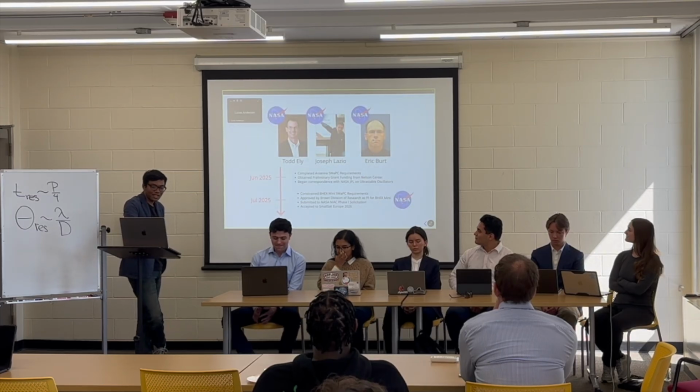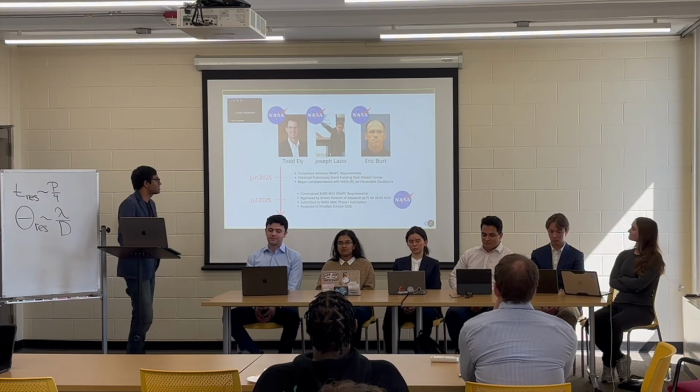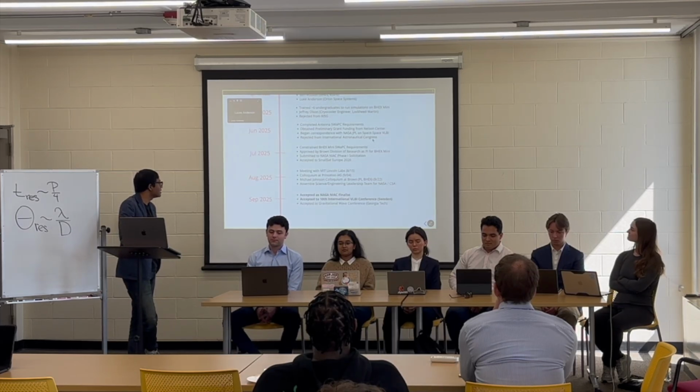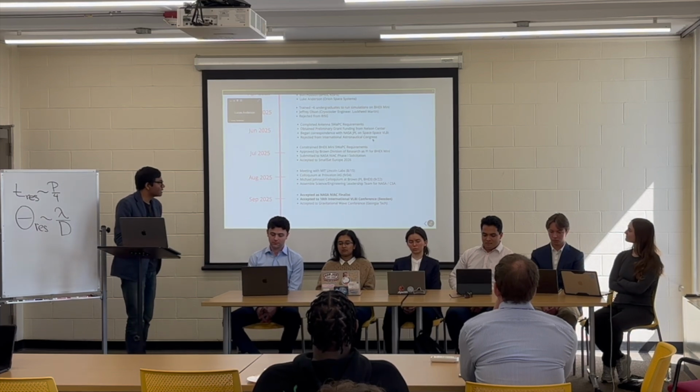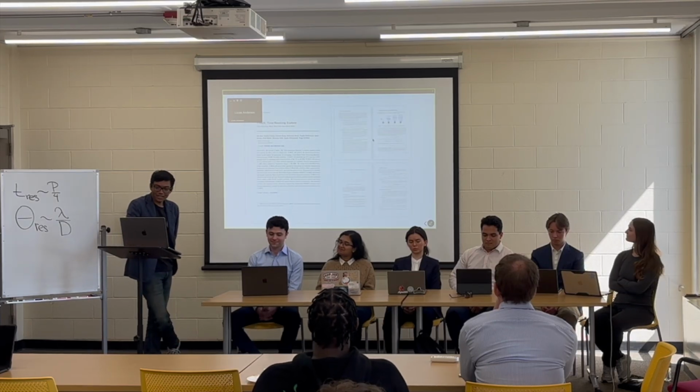But in June and July, we completed the antenna swap requirements and the swap requirements for the main satellite. I was approved as PI for our NASA NIAC grant. And finally, in September, we were accepted by NASA for the NIAC grant.